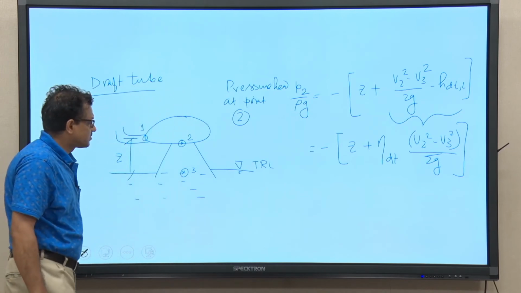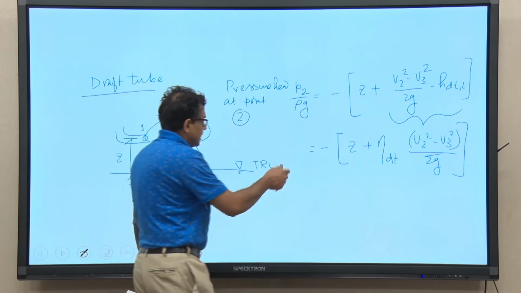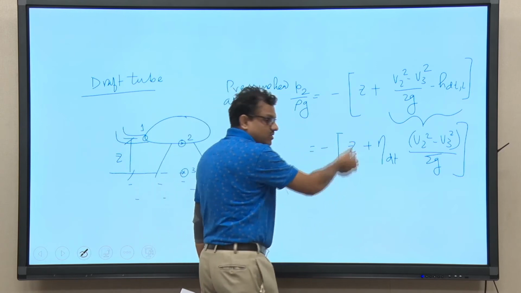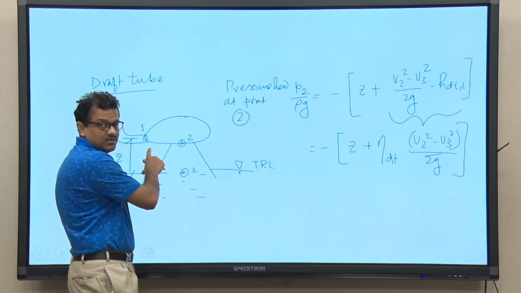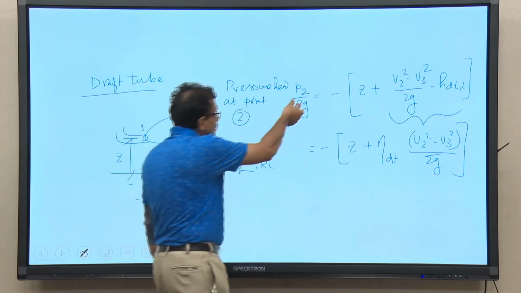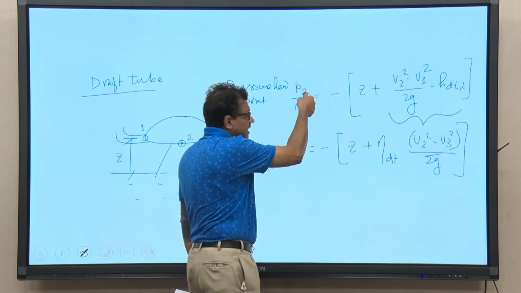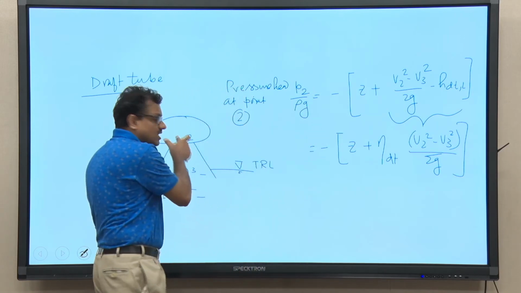So, today we shall discuss a few important points. Z is basically a non-zero quantity. If we try to increase Z, what will happen? More will be the negative pressure head at point 2. So, that is a good suction condition.